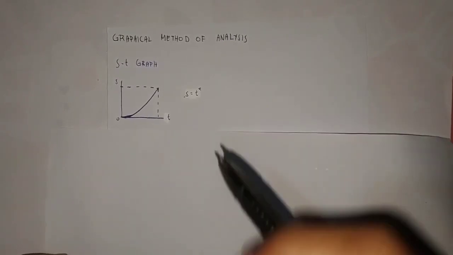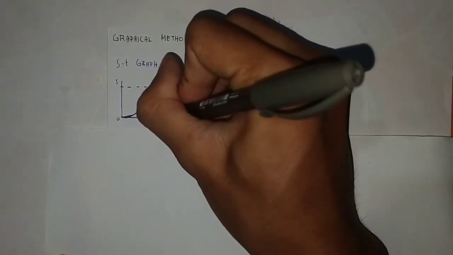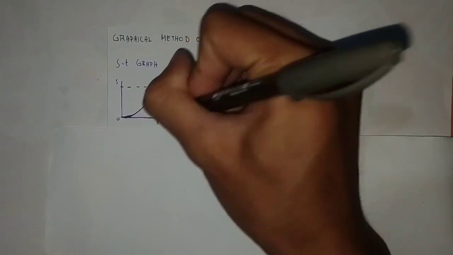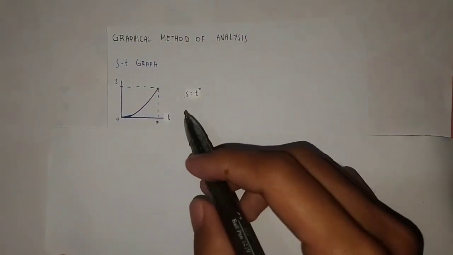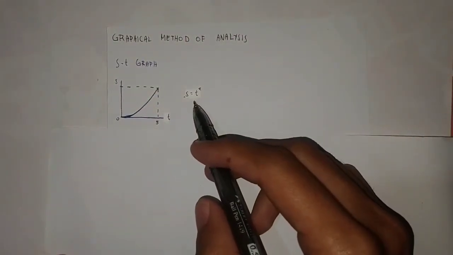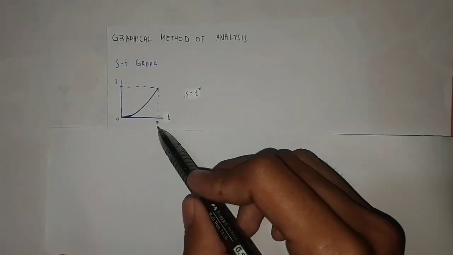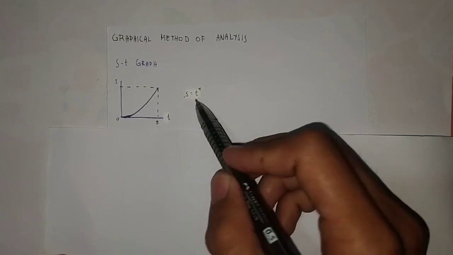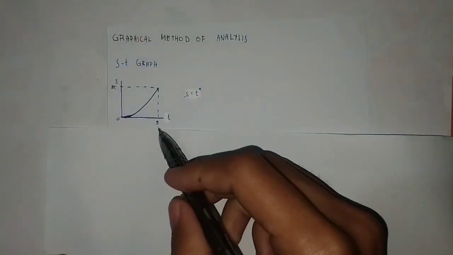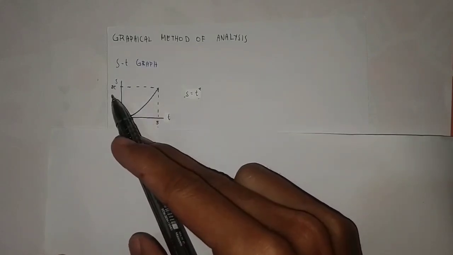So let's say time here is 5 seconds. If your displacement says t squared, you'll just substitute the value of 5 here. So 5 squared is equal to 25. So at 5 seconds, your displacement is 25 meters.